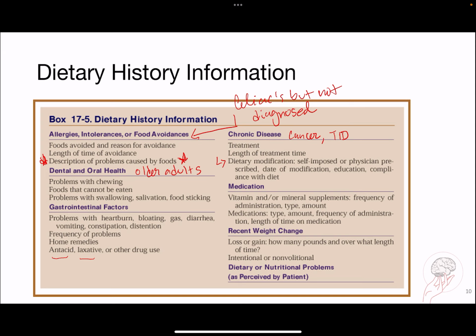It's also important to know what medications they might be on, and this includes over-the-counter and prescription. And we'll get into this much more in the medication and supplement sections, but vitamins and minerals and medications and macronutrients can all interact with each other. And then, has there been a recent weight change? Was this intentional or unintentional? And then perceived dietary problems. What does the patient, participant, client think about their diet?